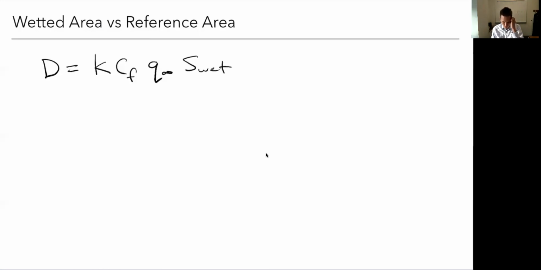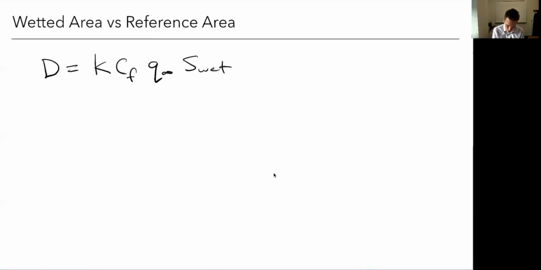Okay, so I need to describe what that is. Wetted area is like if I took my airplane and dipped it in a fluid, or it is in air, but maybe it's easier to see if we dipped it in oil. What is the part that gets colored, or covered by the oil? That's the wetted area. Those are the surfaces that the fluid is moving over and are causing the skin friction drag.